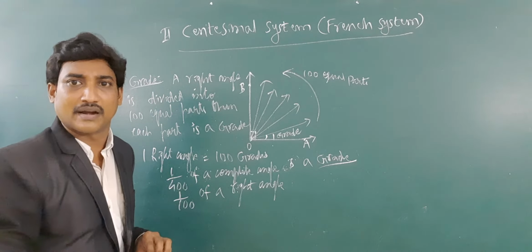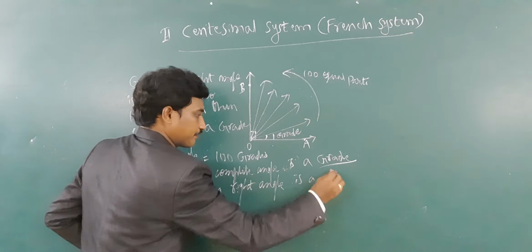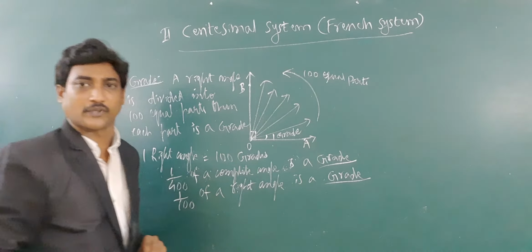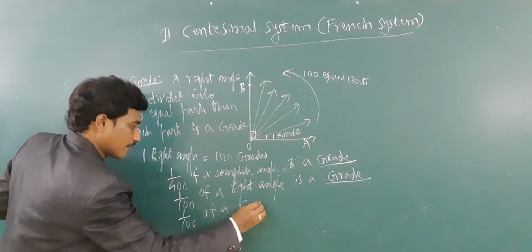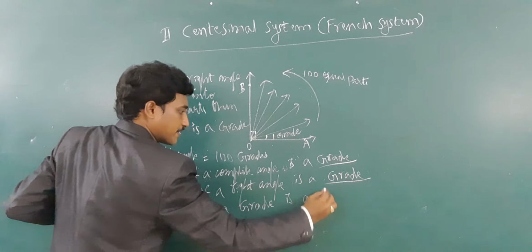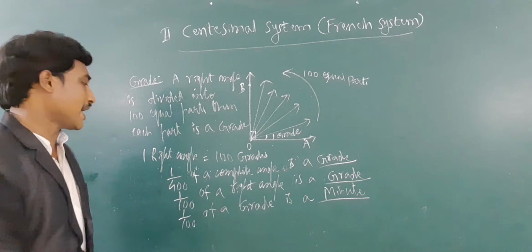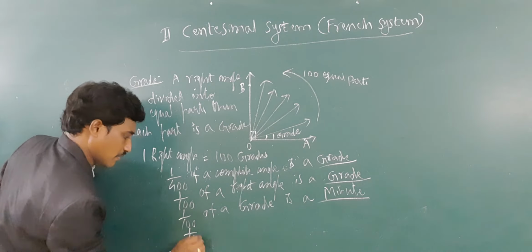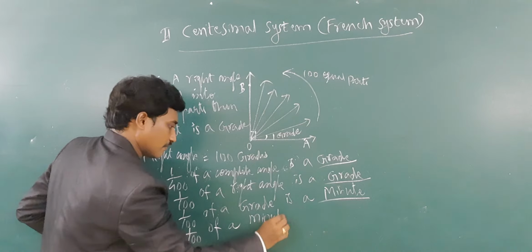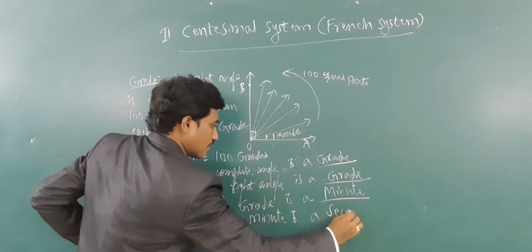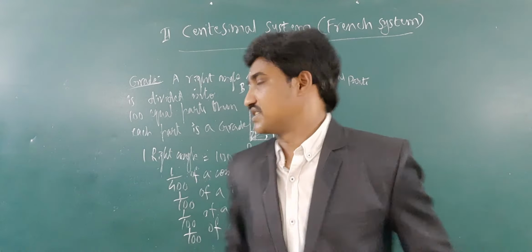Next, 1 by 100 of a grade is a minute in centesimal system. 1 by 100 of a minute is a second in centesimal system. Let us write these results here.